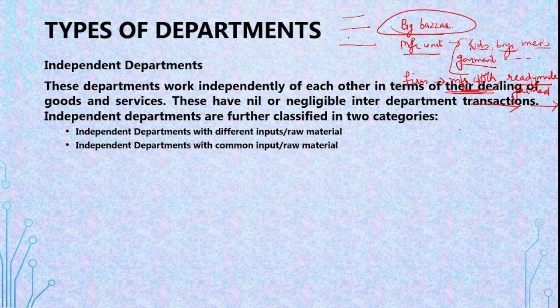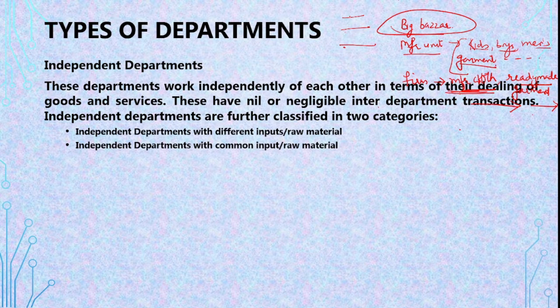So they do not have anything in common. Stationery items will not be sold under the grocery head, or grocery items will not be sold under the clothing head. So independent departments are those which work independently, which are separate from each other, and mostly they have very negligible interdepartment transactions.